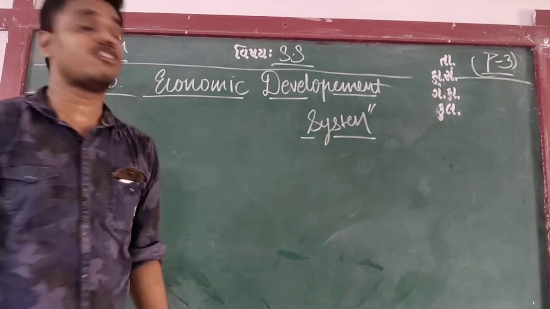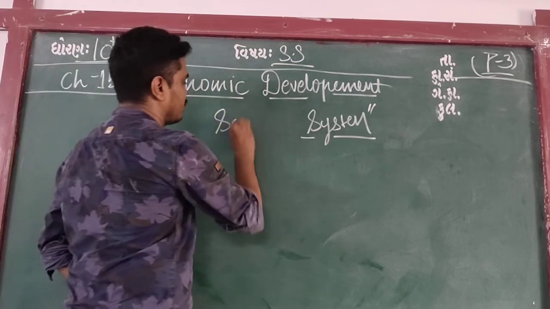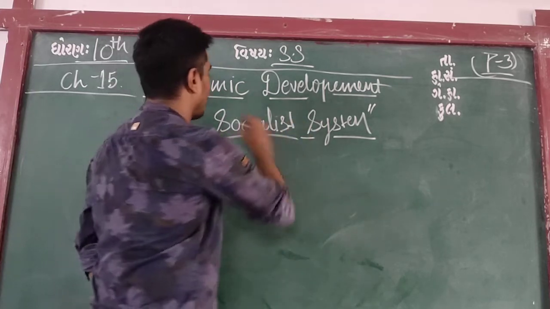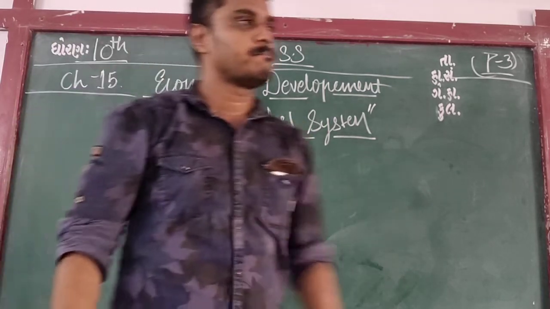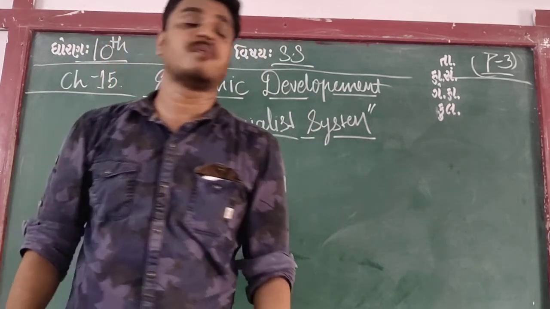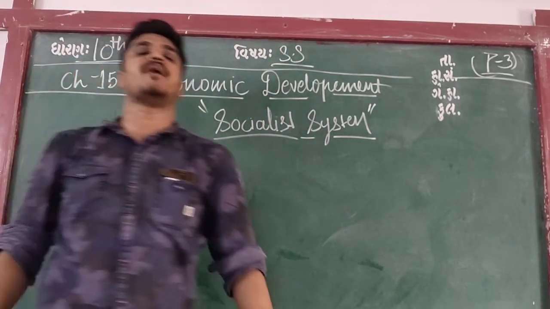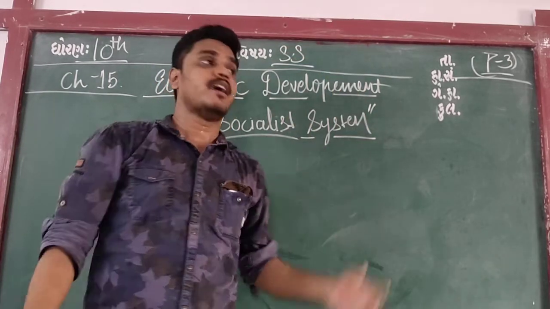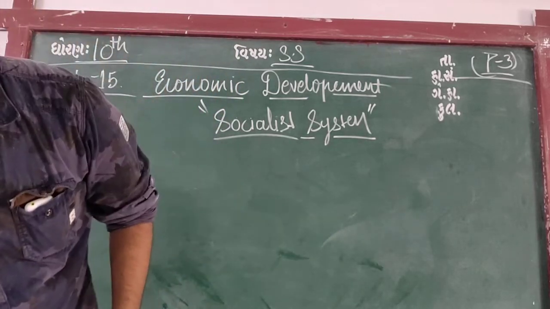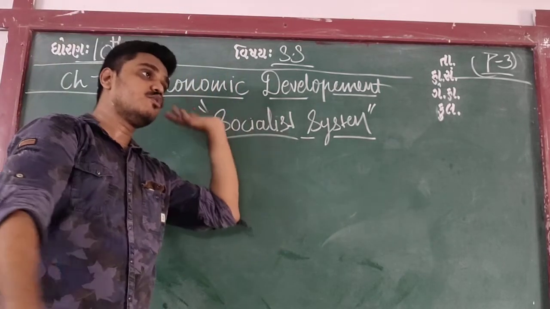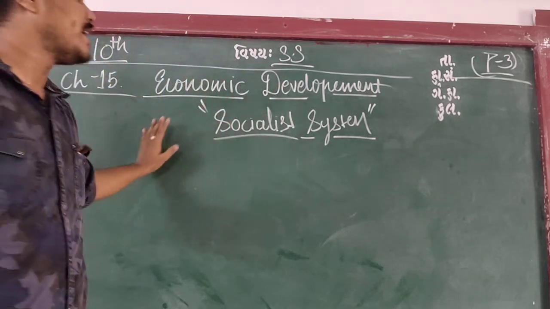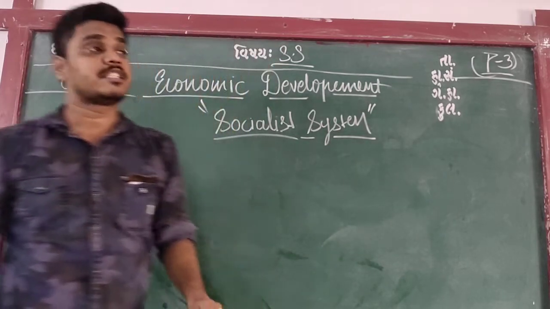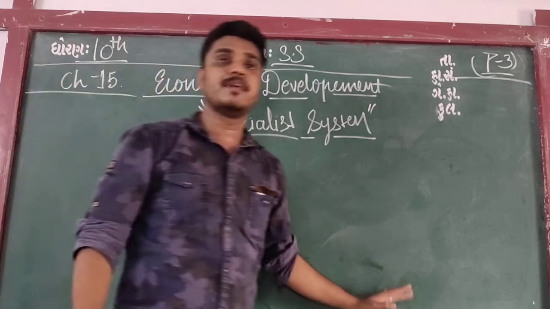It's quite the opposite of the market system. Exactly opposite. So you will write that it is exactly opposite of the market system. In the socialist system, entire resources and research are carried out by the state only. The state takes care of the entire thing.